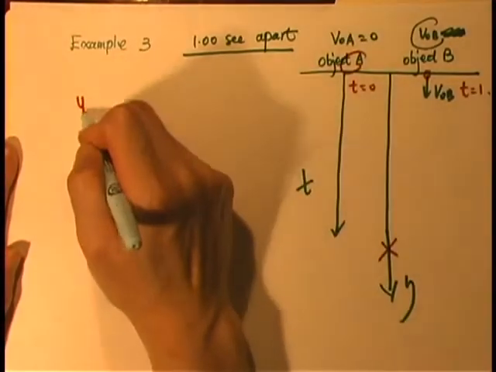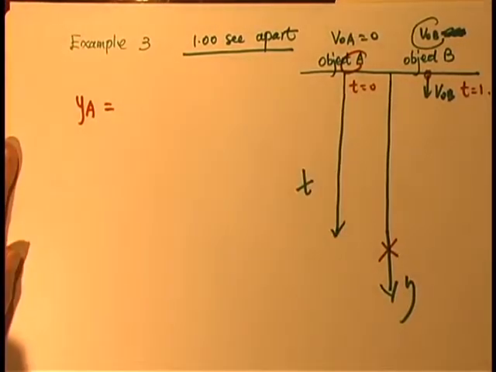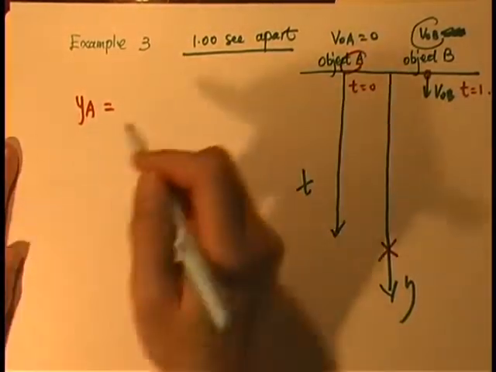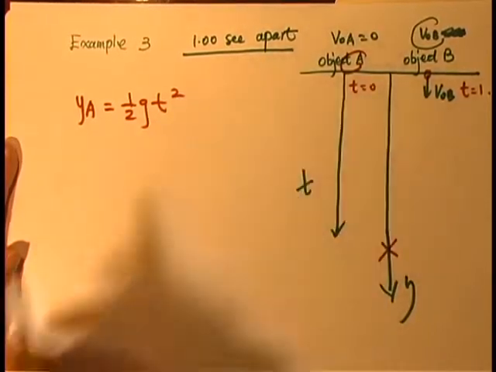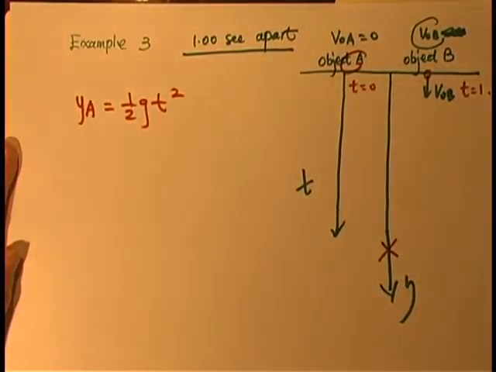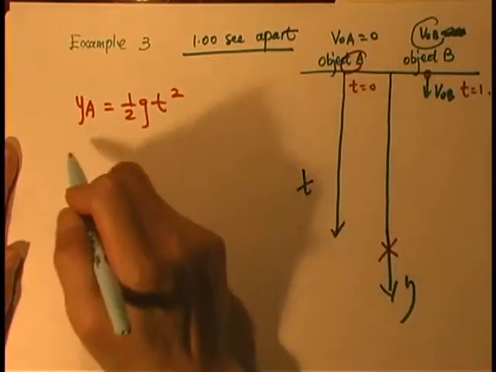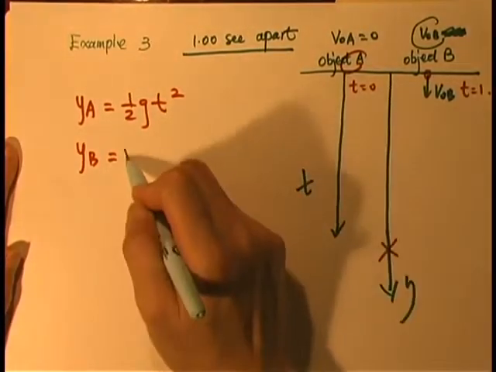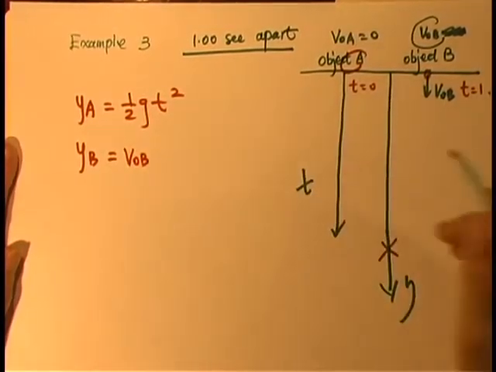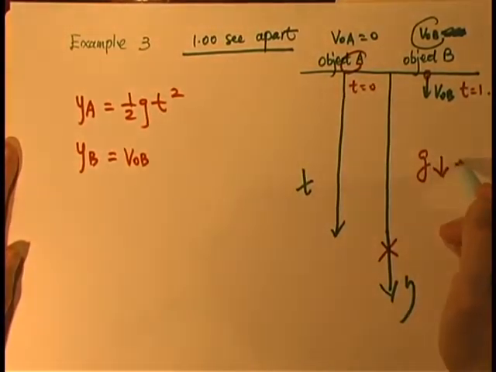For A, y of A, initial velocity y is 0, so it simply drops 1/2 g t squared. That is for t seconds. But with object B, it has initial velocity, VB initial. Remember this time everything is down to positive.